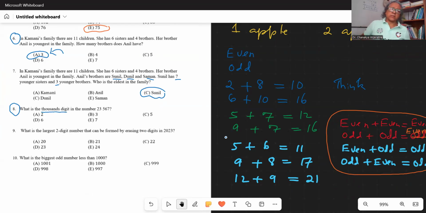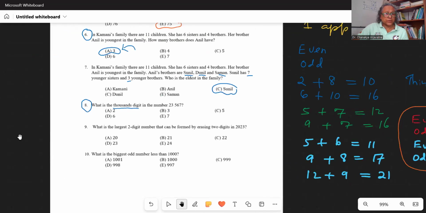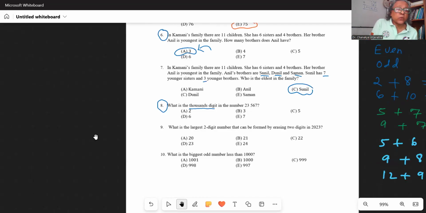What kind of digit is that? These are digits which are in the thousands place, because we have this wonderful number system which uses a place value system. Depending on the place, the digits have different values, right?